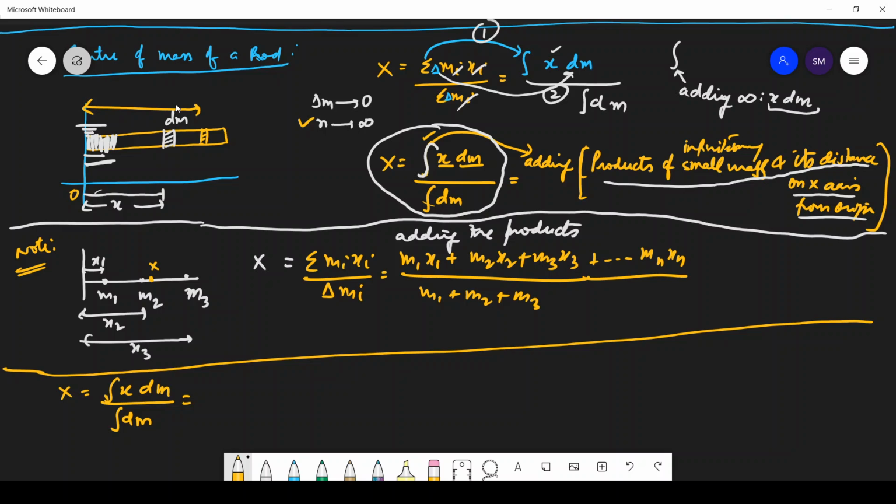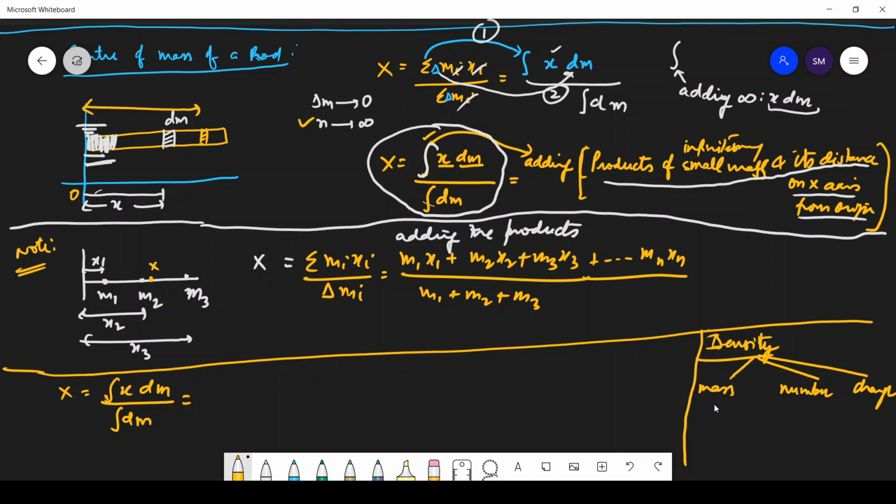What is the mass of this small dm? I can multiply this with the density. We have densities. You have studied a lot of density in part 2 also, but there are three important densities: mass density, number density, and charge density.